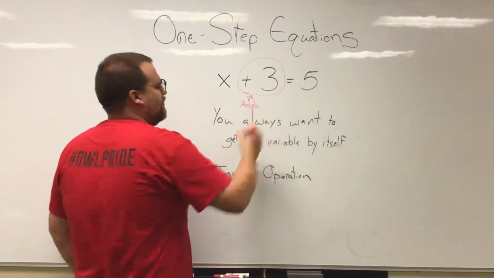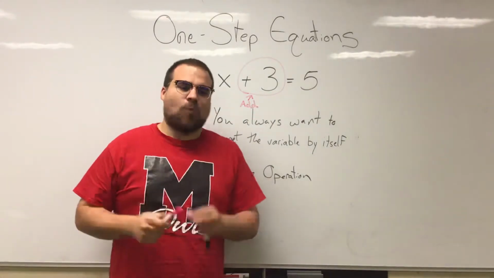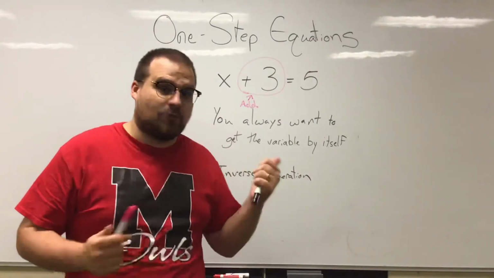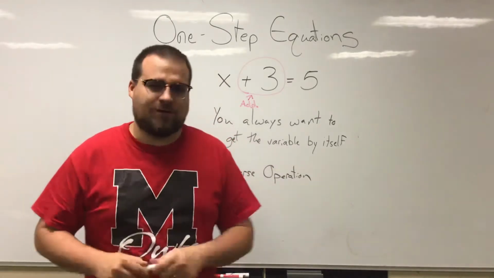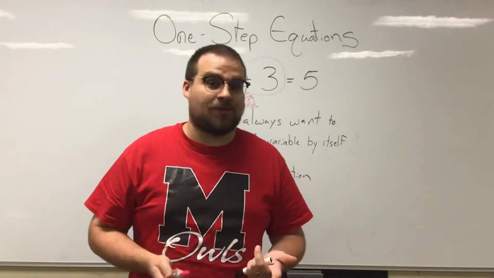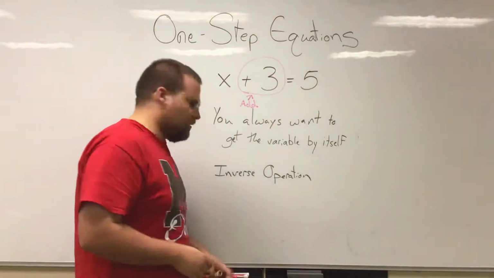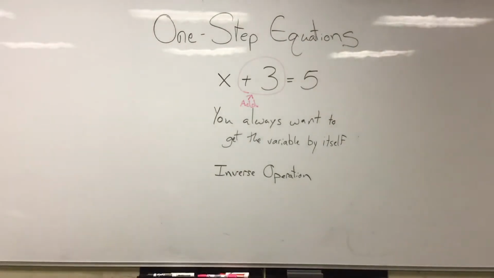That 3 is adding. So we want to determine what is the inverse operation for addition that can get rid of that 3. I bet you probably already know what it is. It's subtraction, right?